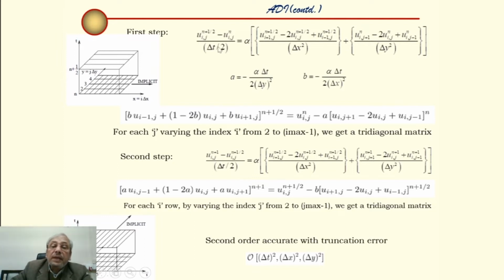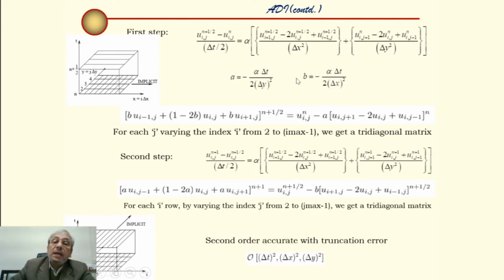And then we can rearrange these equations in this form. And before that, we just define a equal to alpha delta t by twice delta y square, and b equal to minus alpha delta t by twice delta x square.